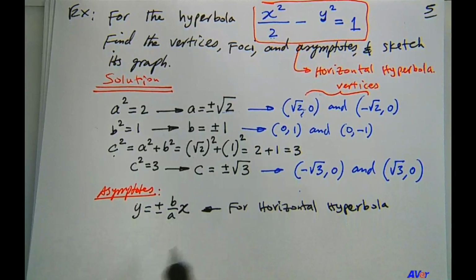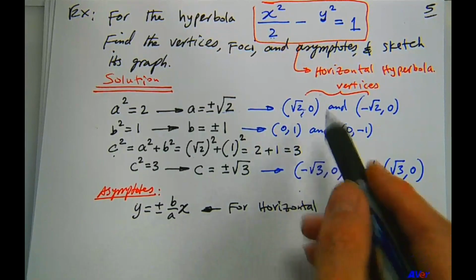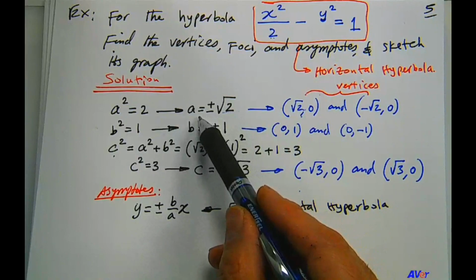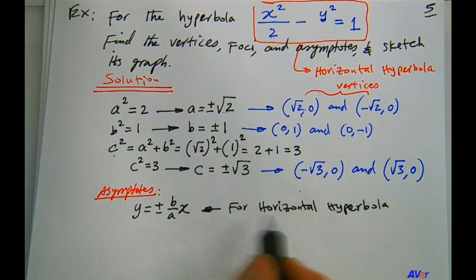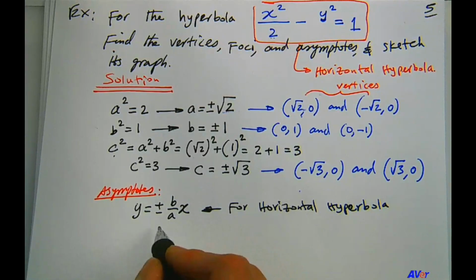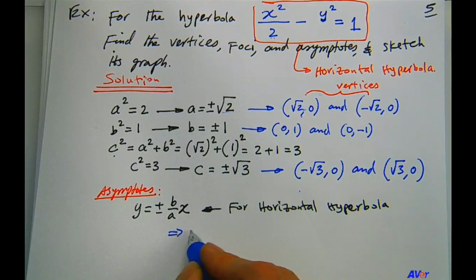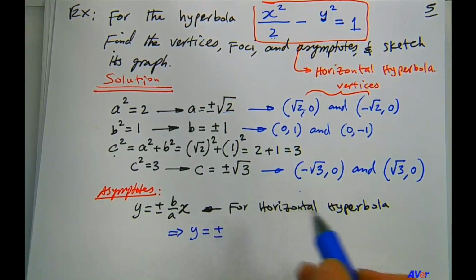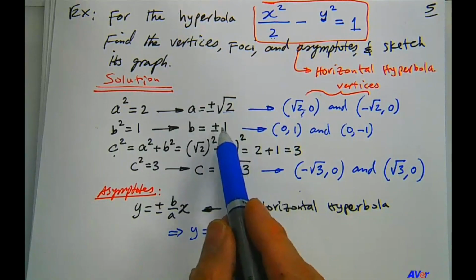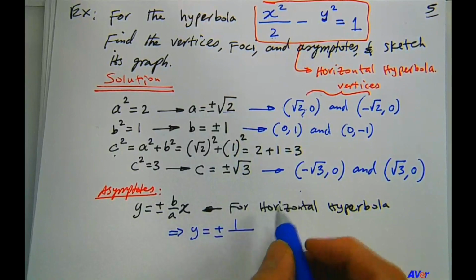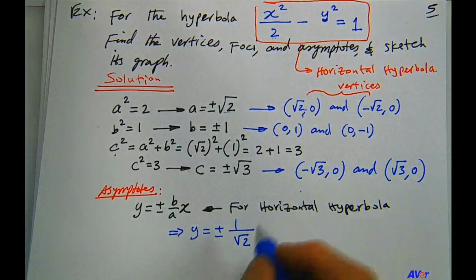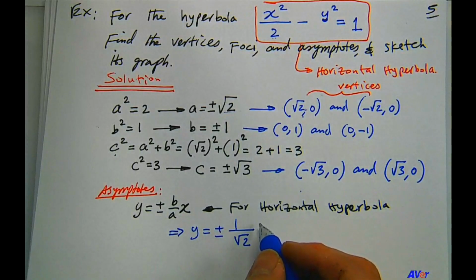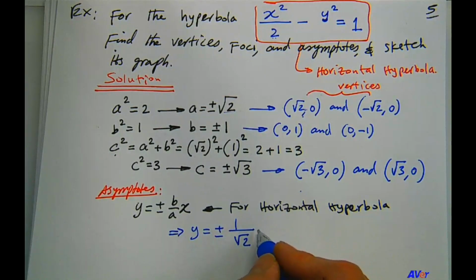Okay, we know a and we know b, so we can easily find the equations of the asymptotes. They will be y equals plus or minus b, which is 1, over a, which is square root of 2, so 1 over square root of 2 times x.